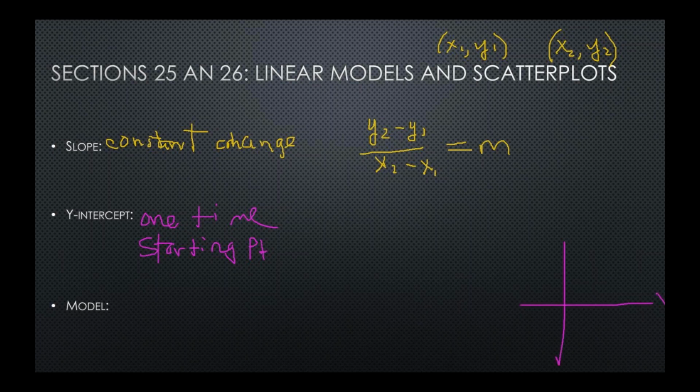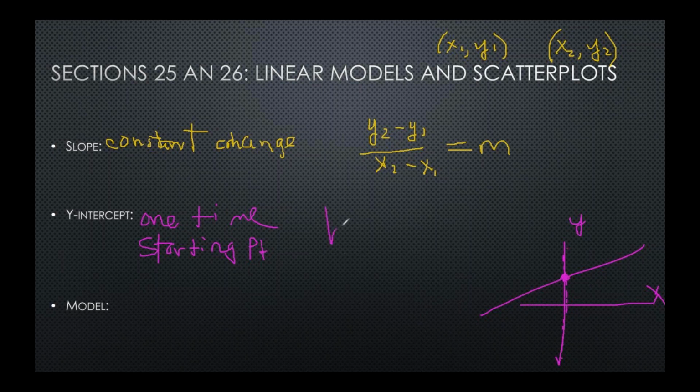So we graph, this is x and this is y. The y-intercept is any spot where your graph crosses the y-axis. So this right here would be our y-intercept. If you have a straight line, it can only cross the y-axis in one spot, unless it's a vertical line on the y-axis, and that's a whole different ballgame.